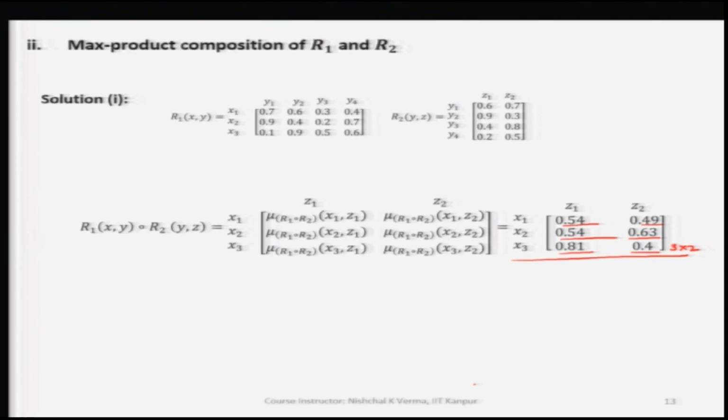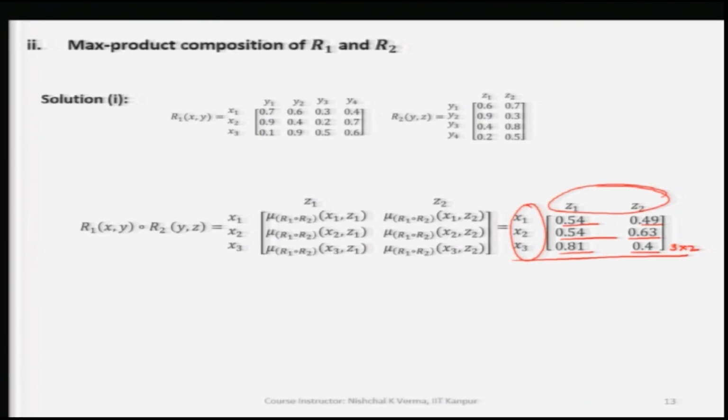And of course, as I already mentioned, the order of this resulting fuzzy relation matrix is 3 cross 2, and it is clearly visible here that the matrix we have got is out of the relation between x and z.